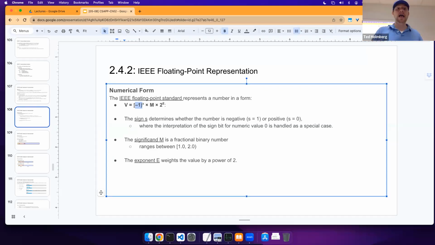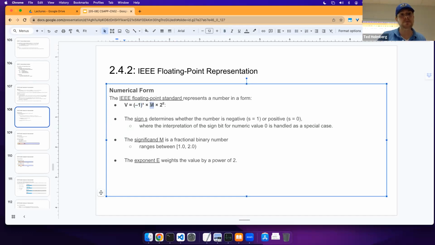And if s is 1, then anything to the power of 1 is itself, like a self-identity, so that would be -1. Notice that the sign bit allows us to make our real number either positive or negative, so we can sign it and not just stay in an unsigned domain.